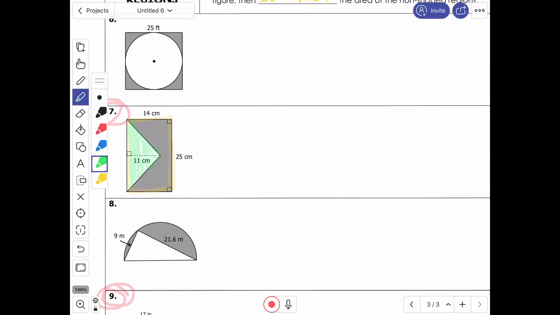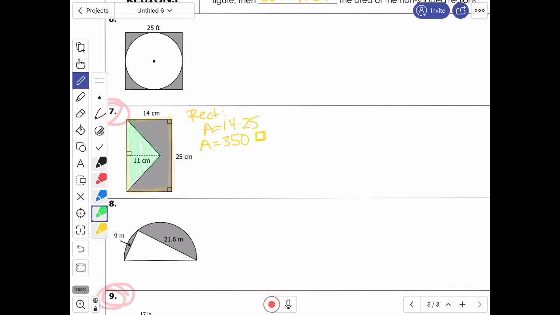Jeez, I could not get that word out of my mouth. So the rectangle itself has a length of 14 and a width of 25. So the rectangle area would be 14 times 25. And so I get an area of 350. Okay, and that is the rectangle.